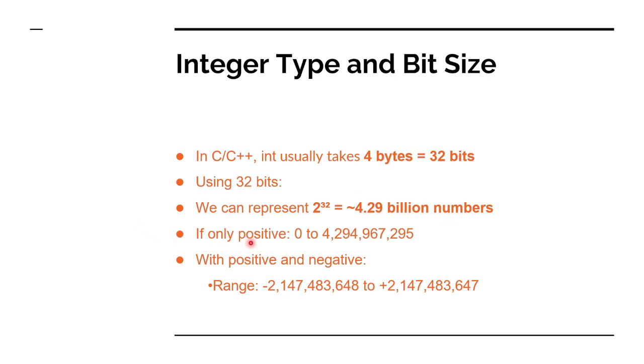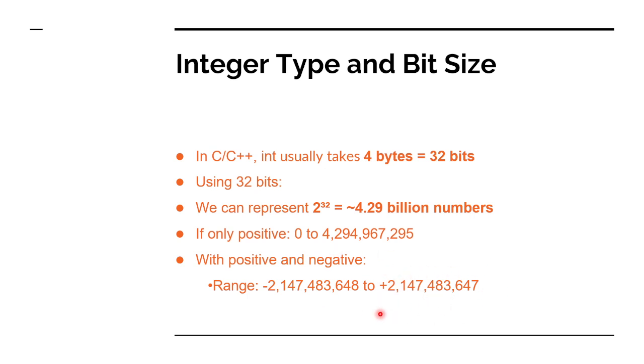If we take only positive numbers, that means unsigned integer, it can hold 0 to 4.29 billion. And if we want to store both positive and negative values, then the range is from minus 2.14 billion to plus 2.14 billion.